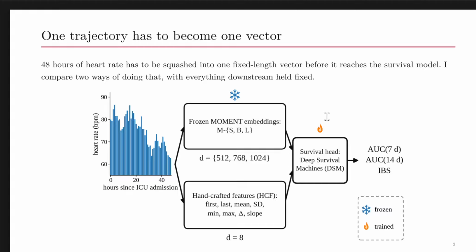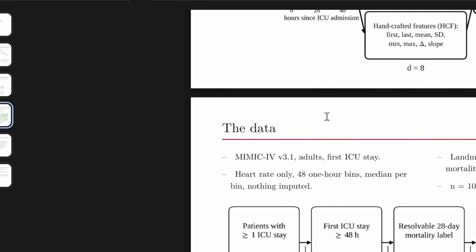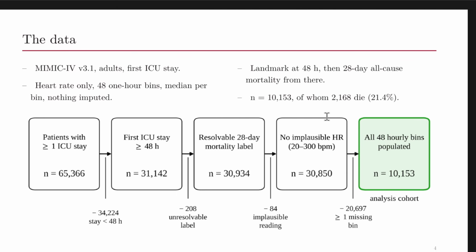To compare performance across the two arms, the hand-engineered features arm and the Moment arm, we look at the area under the receiver operating curve and the integrated Brier score. The AUROC can be applied in a time-dependent setting, and that's what we do here for 7 days and 14 days out. This will make more sense once we've discussed the data setup.